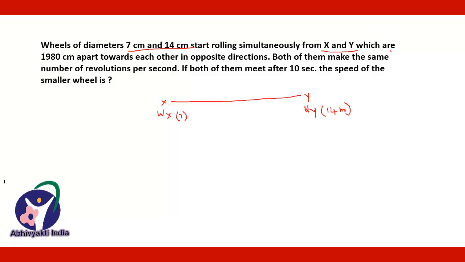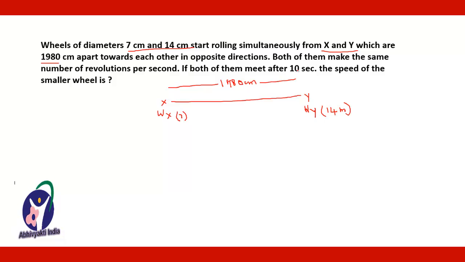And the distance between these two is 1980. So the distance given between X and Y is 1980 centimeter. Both are coming in the opposite direction. Both of them make the same number of revolutions per second. If both of them meet after 10 seconds, the speed of the smaller wheel is?